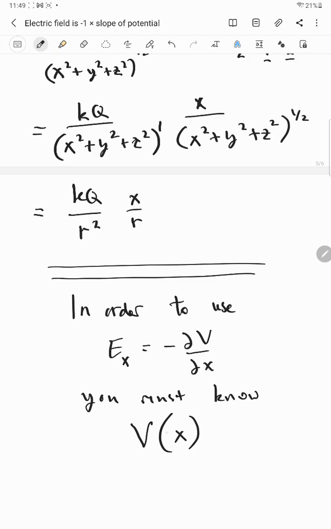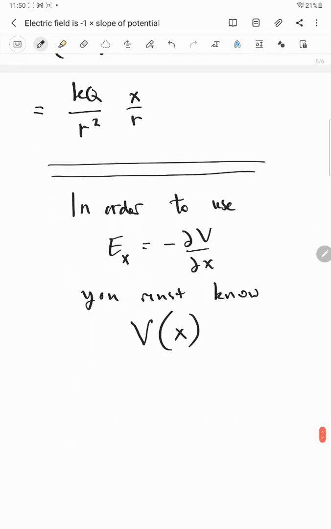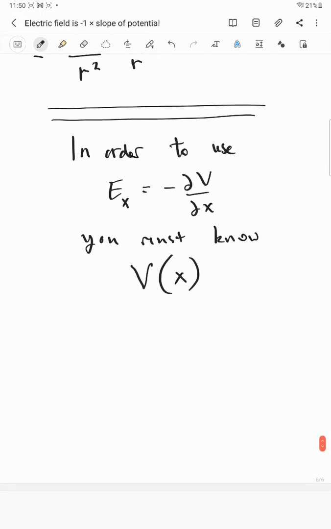That derivative, you will naively get the result 0, and you'll say, oh, the electric field must be 0 in the x direction. But that'll be a mistake because you started from a function that didn't tell you about how x varied. So I'll just stop there. I think you can tell what I'm trying to say.